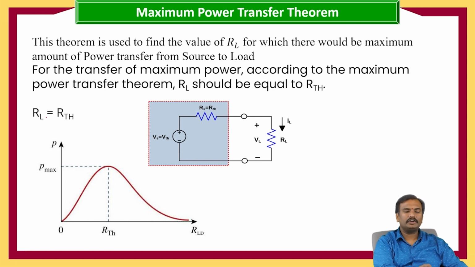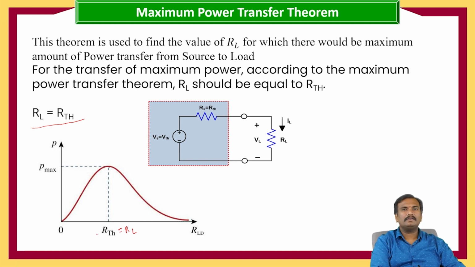This is the condition where the maximum power is going to transfer, that is RL equals RTH. When RTH is equal to RL, we are going to get the maximum power.